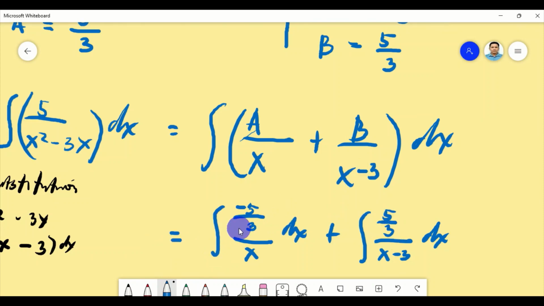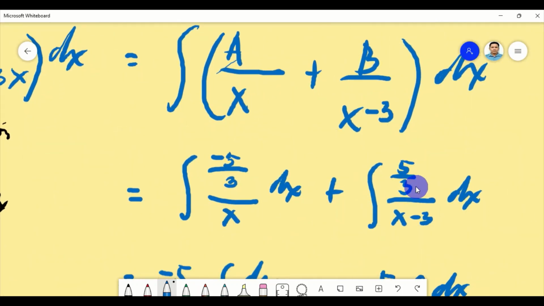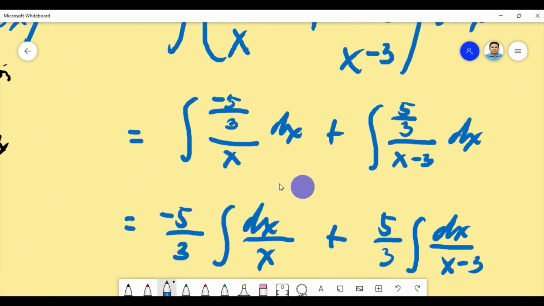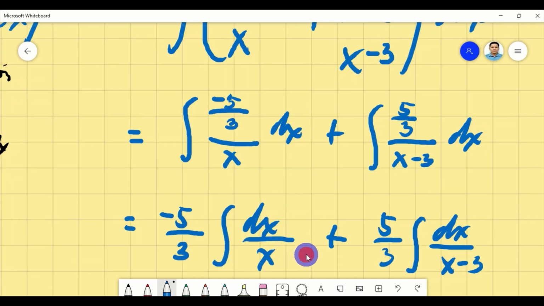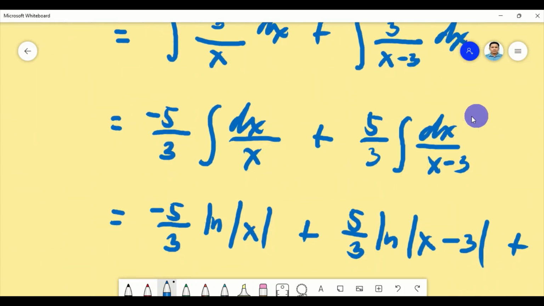So we have the integral of negative 5 thirds over x dx plus 5 over 3 all over x minus 3 dx. So in this case, we can factor out negative 5 over 3 times the integral of dx all over x. And on the other side, you have 5 over 3 times the integral of dx all over x minus 3.